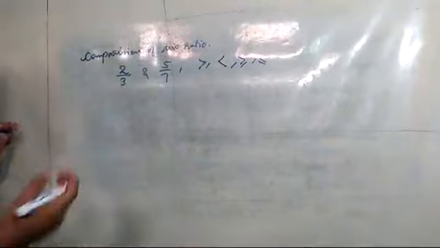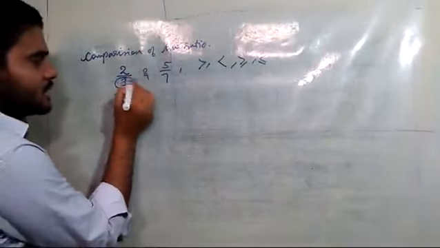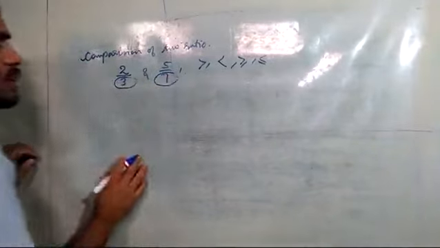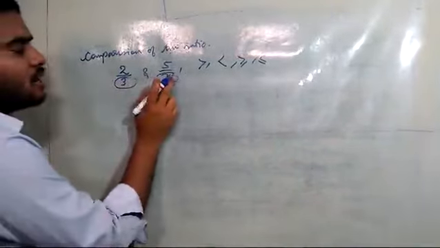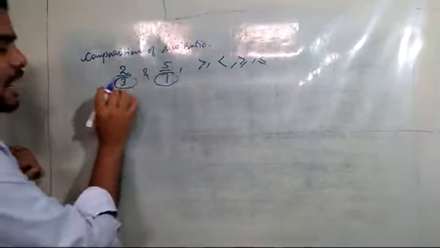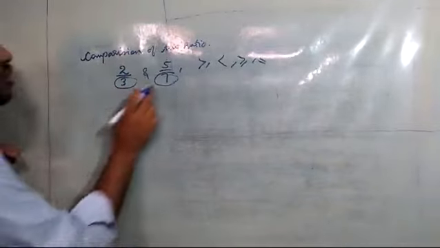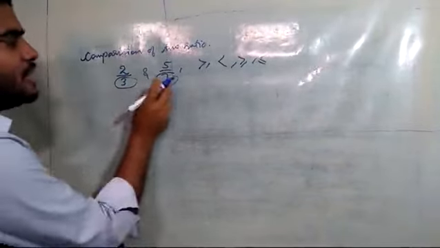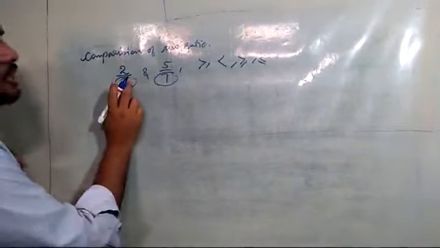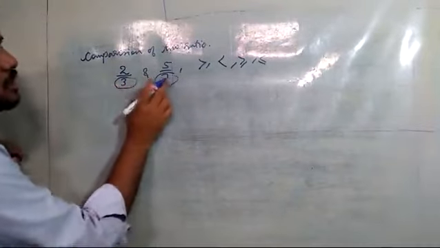The very easy method is to just make the second term of both the ratios equal. If we make the denominators of both ratios equal, that means the consequents equal, we can very easily say which of the two is greater. How to make this? The first method is by taking the LCM and converting the denominators into the same term.